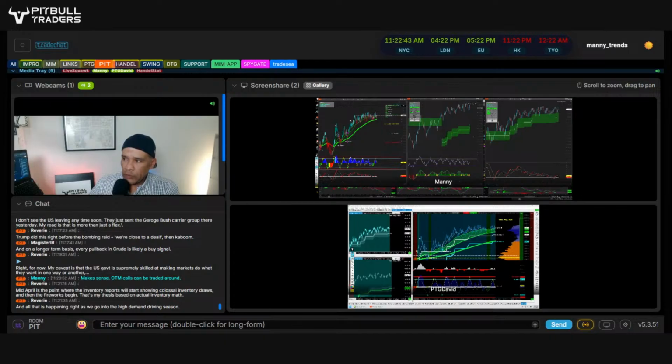So the A10 would be, on a pullback to this level, if the conditions were correct, meaning we got the conditions that were pre-coded, it would then execute at this zone. Very similar to how we all execute. This is the A4. It would be executing right here at this level, and so on.